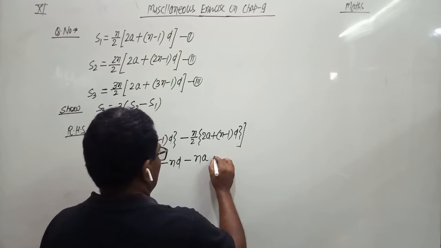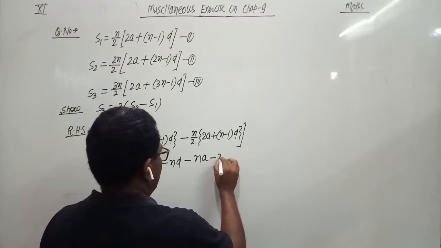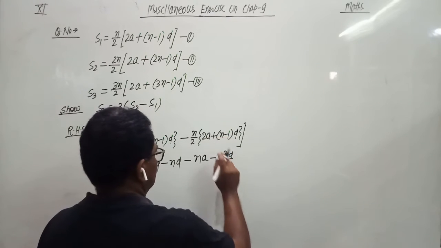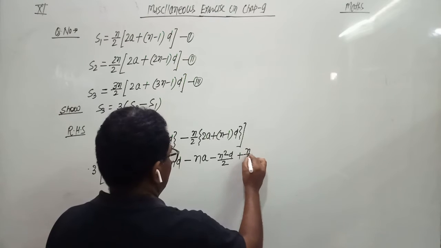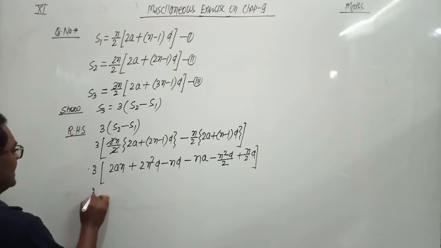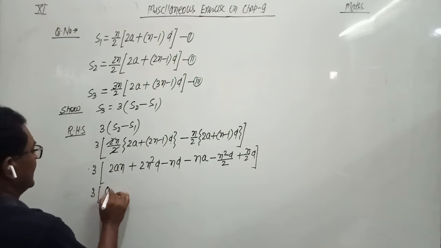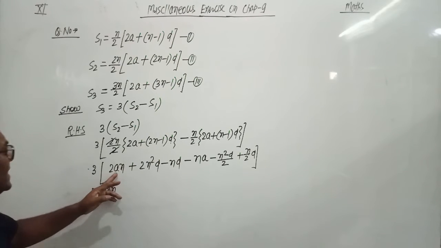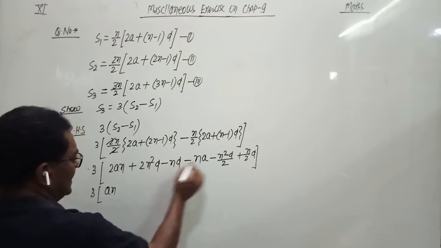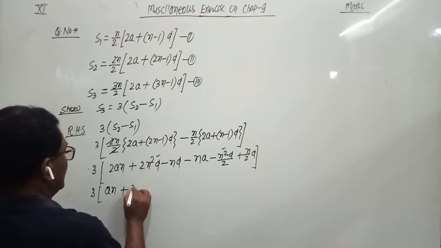So plus n square d upon 2. Then minus n by 2 into d. So 3 times of 2an minus an, we get an. Plus 2n square d minus n square d, we get plus n square d.